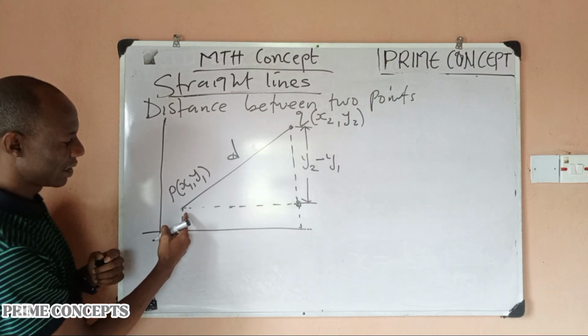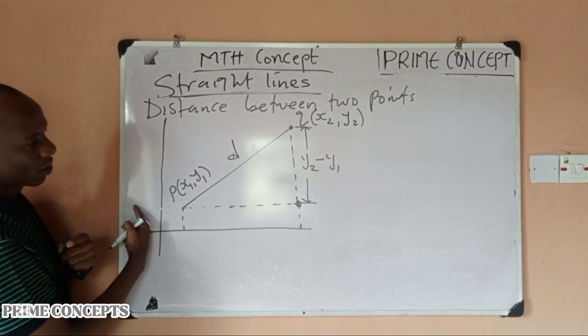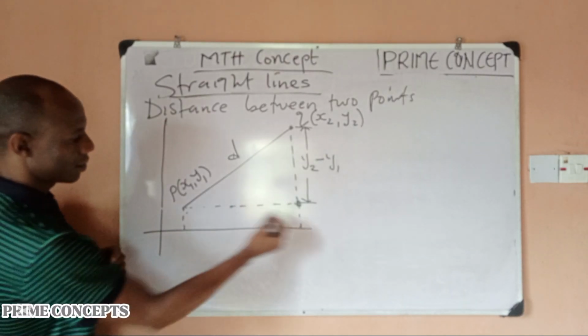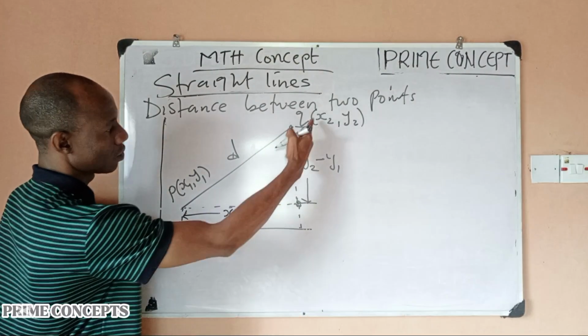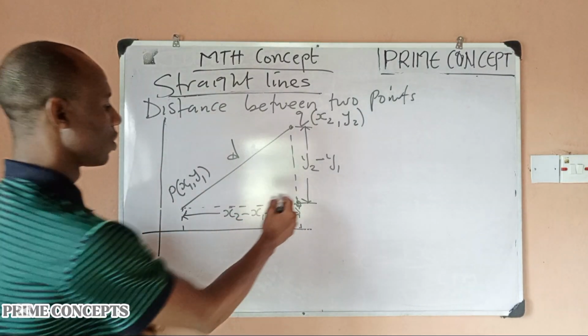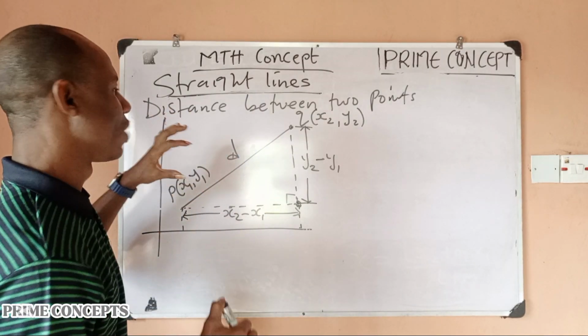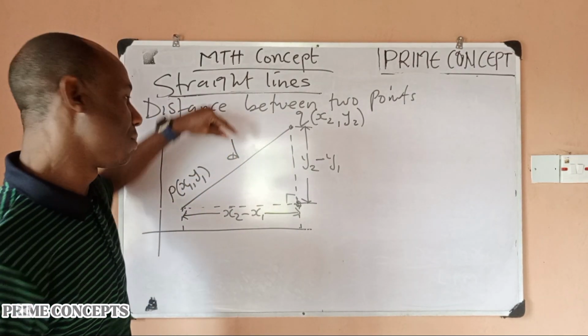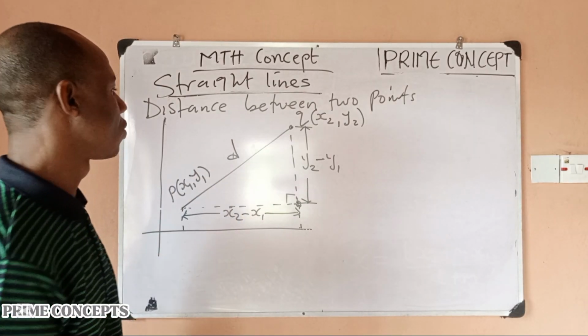So if you do the same thing here, you know that this is your X2. Then this point also is your X1, so this point in between is going to be X2 minus X1. Now, you'll notice that this is a right-angled triangle, so we can use Pythagoras theorem to find the hypotenuse, which is the distance between those 2 points.